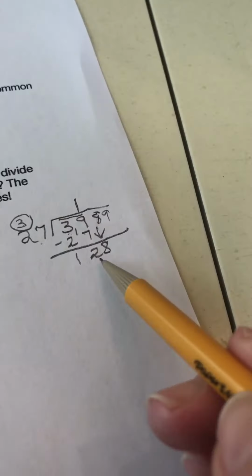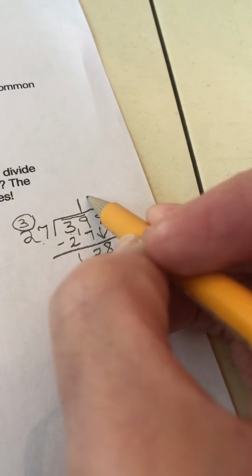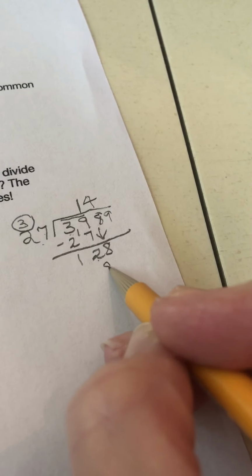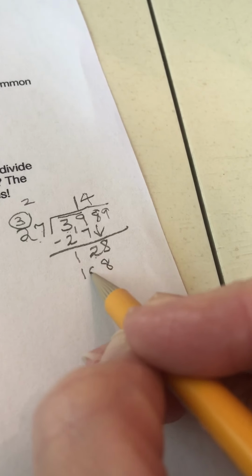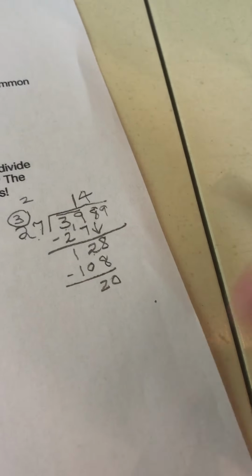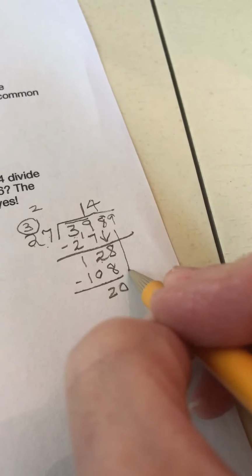Will 3 go into 12? Yes, 4 times. Let's try 4 and see if that works. 4 times 7 is 28. Carry your 2. 4 times 2 is 8. Plus 2 is 10. So when we subtract that, class, we have 20. 20 is smaller than 27, so we should be on the right track.